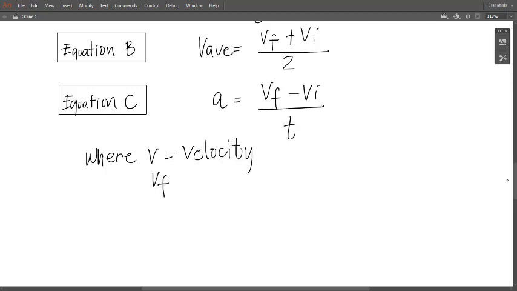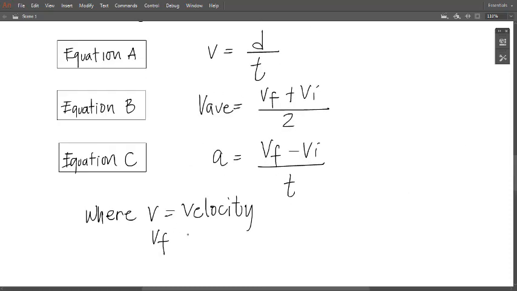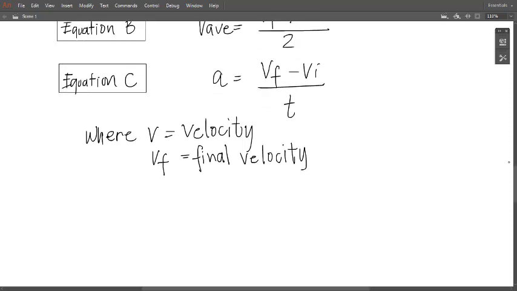Vf means final velocity. Next, for Vi, means initial.